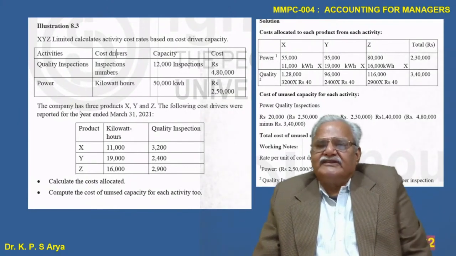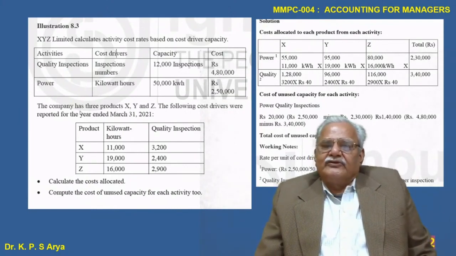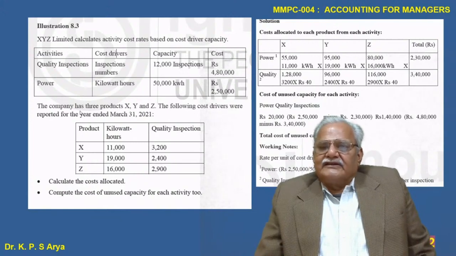The costs allocated are: for X, power 55,000, 11,000 kilowatts multiplied by 5; quality 1,28,000, 3,200 multiplied by 40.